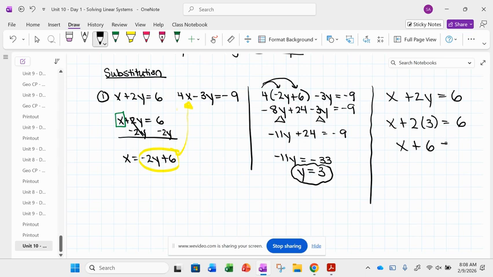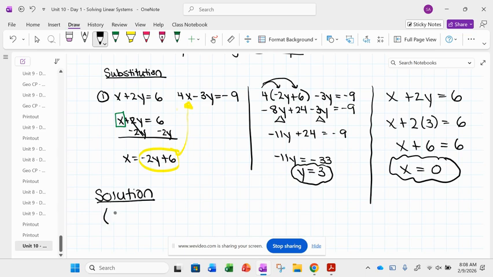So x plus 6 equals 6. We're going to subtract that 6. So x is equal to 0. Is it okay that x equals 0? Absolutely. So what is our solution? These two lines are going to cross at the point 0, 3.